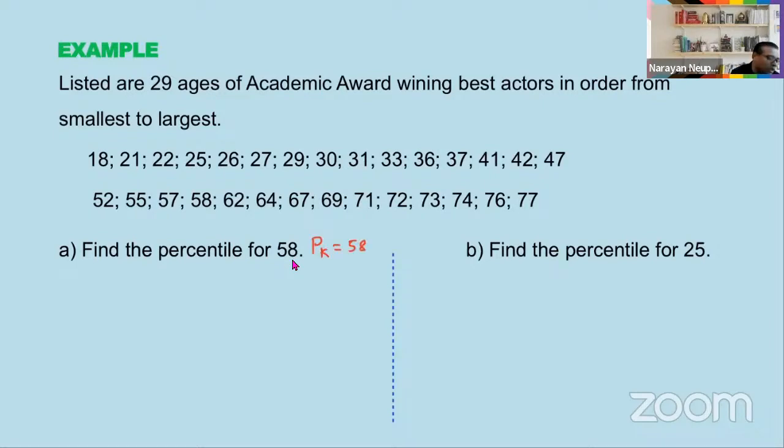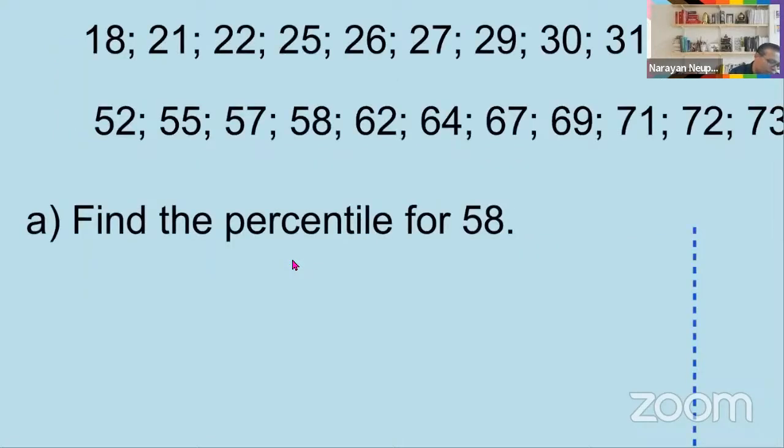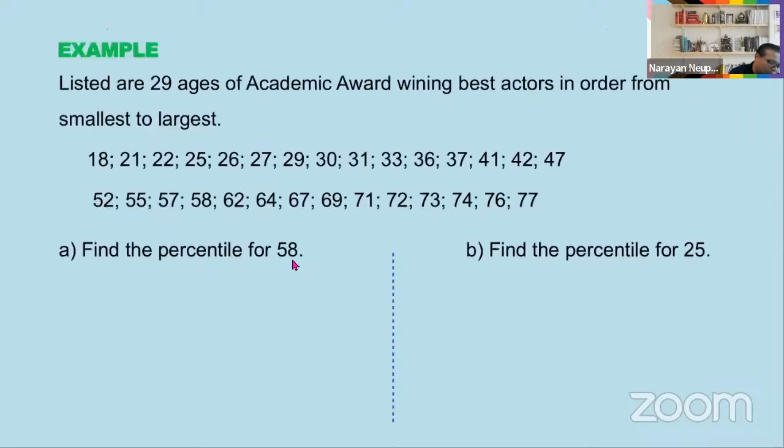What is the value of K? That is the meaning of that. Okay, Pk equal to 58, K equal to how much? And we have the formula to find the value of K.